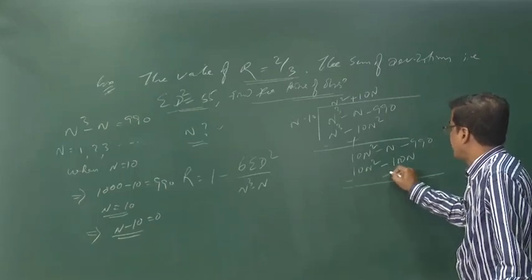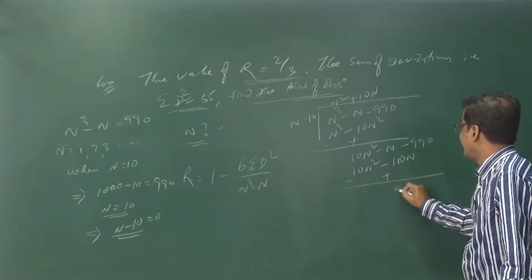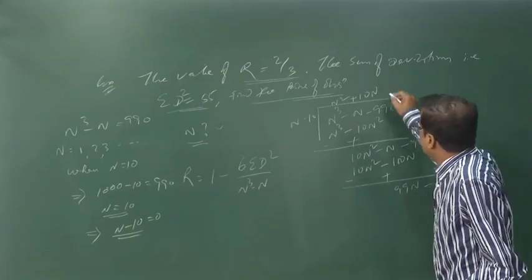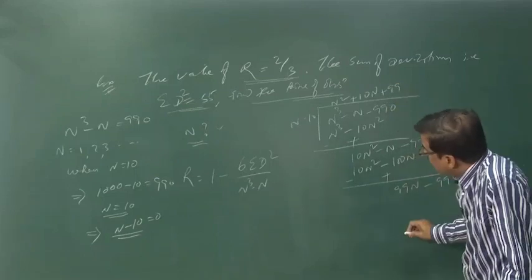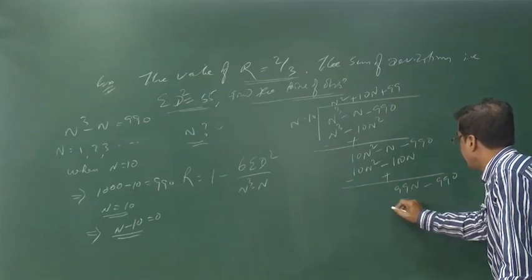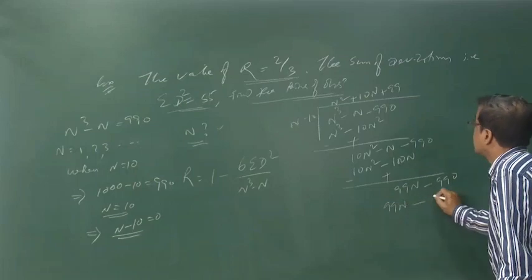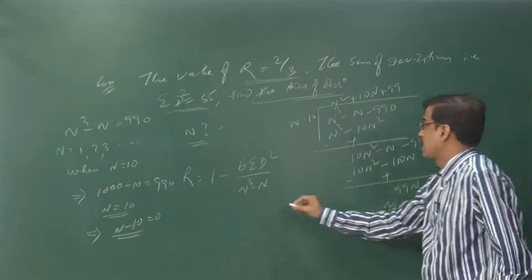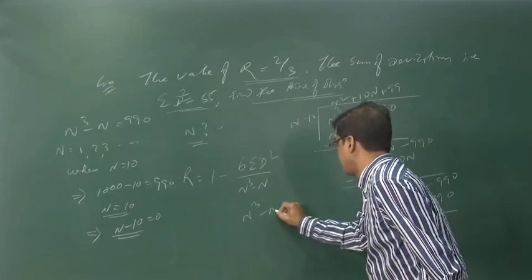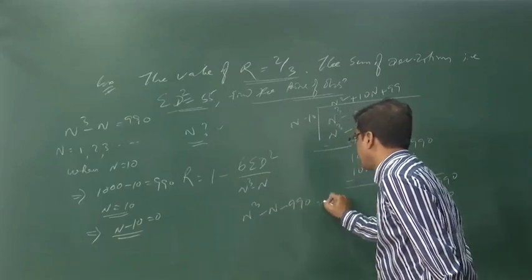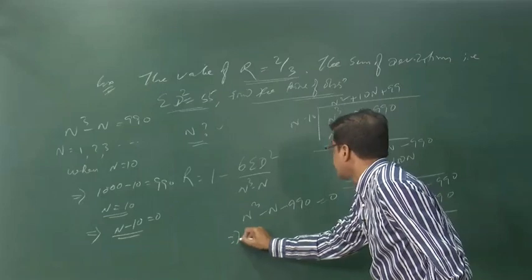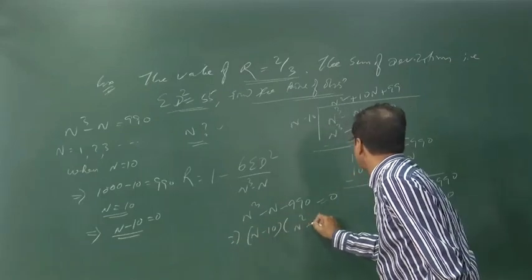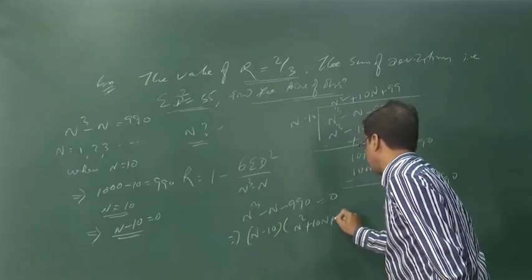Deducting it, we find 99n minus 990. We put plus 99, then it becomes 99n minus 990. So this particular equation, n³ minus n minus 990, can be written as (n minus 10) into (n² plus 10n plus 99), that equals 0.